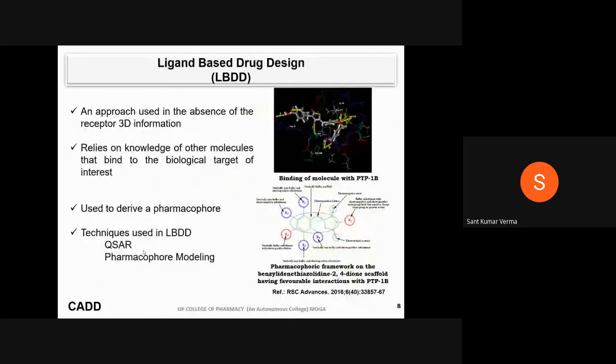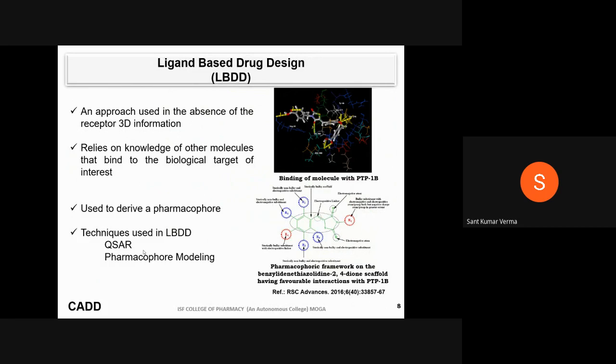In the ligand based drug design approach, where we do not have the structure of the target or macromolecule or the receptor, then we can opt for the LBDD approach to design the novel molecule.